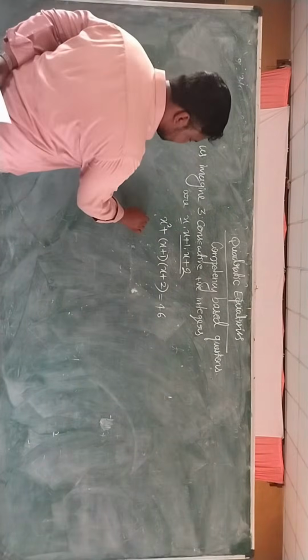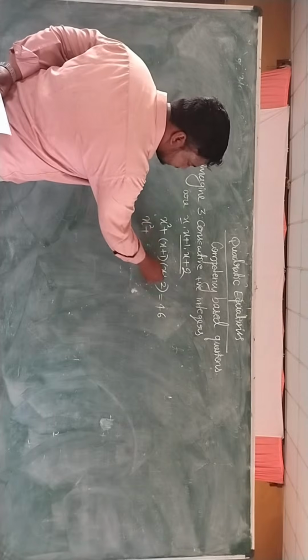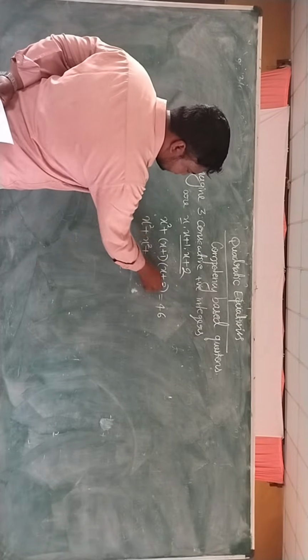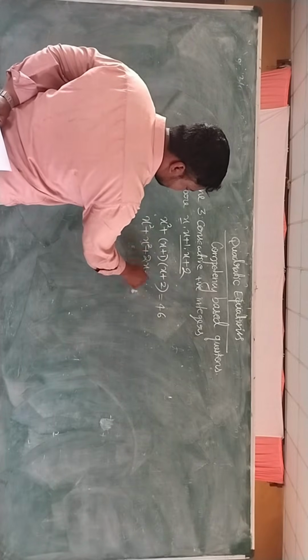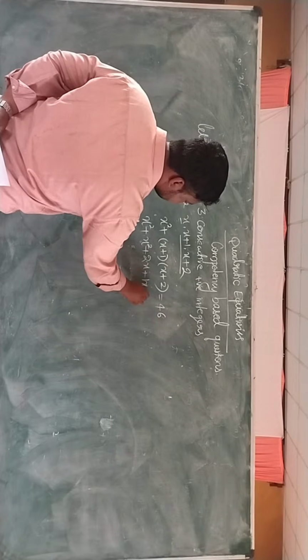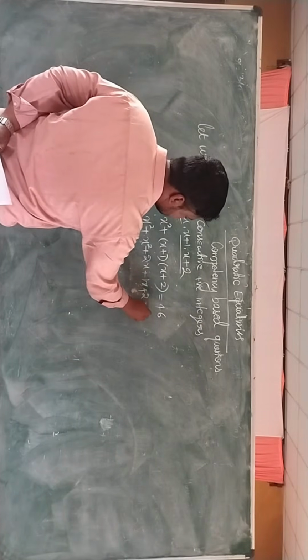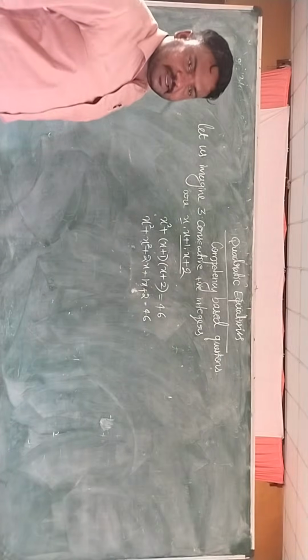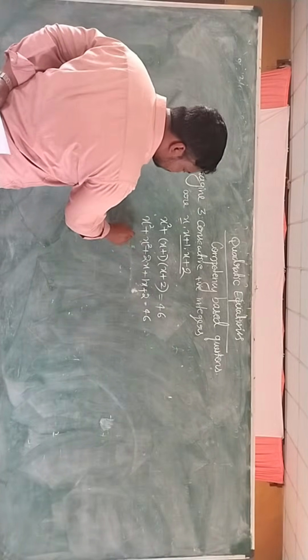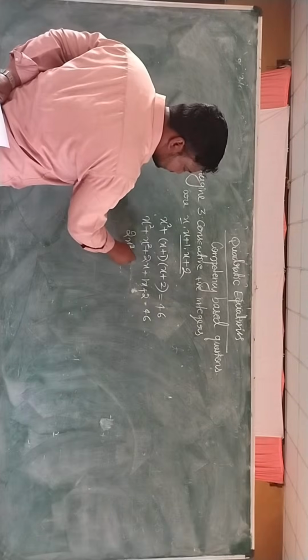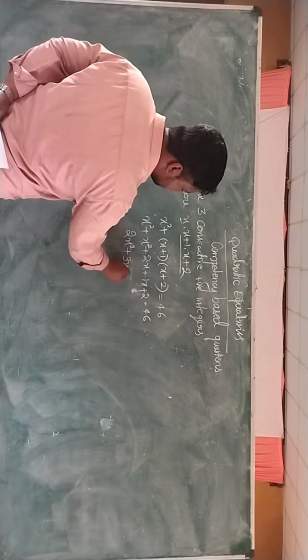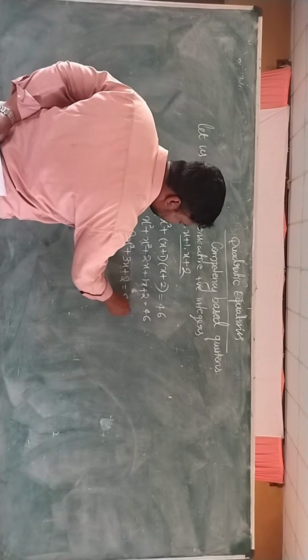See, x square as it is, plus x into x, x square, plus 2 into x, 2x, plus 1 into x, 1x, plus 1 into 2, is equal to 46. So 2 times x square plus 3x plus 2 is equal to 46.